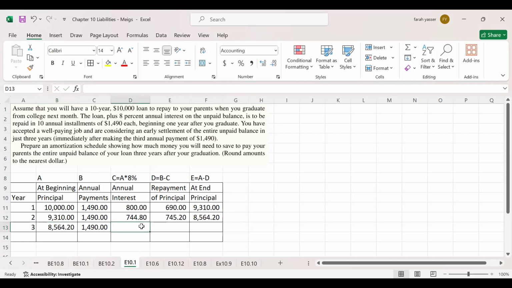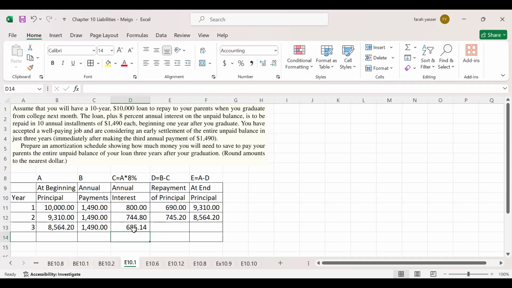Now again, we calculate interest expense. So the unpaid amount at the start of year 3 is 8,564.2, and we will multiply it by the rate of interest, which is 8%.